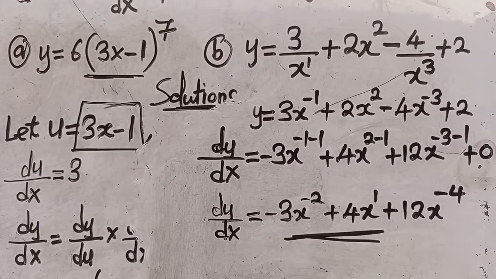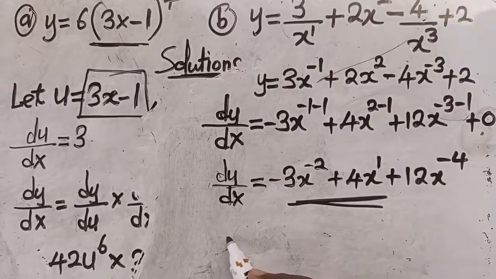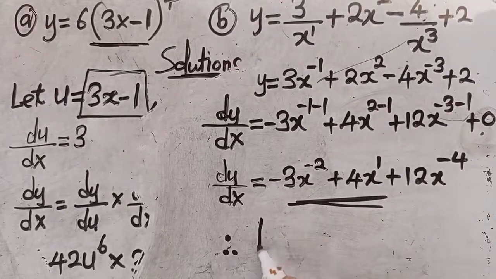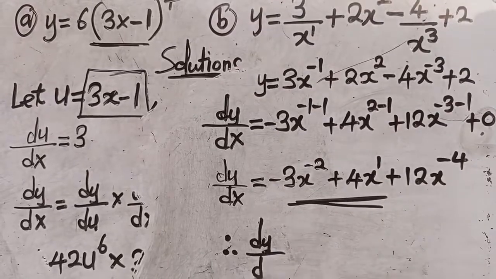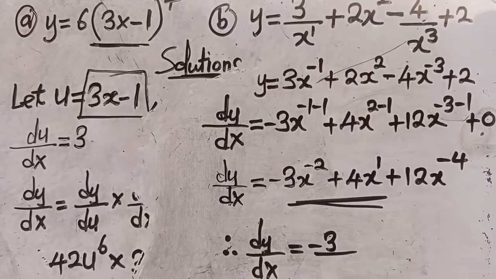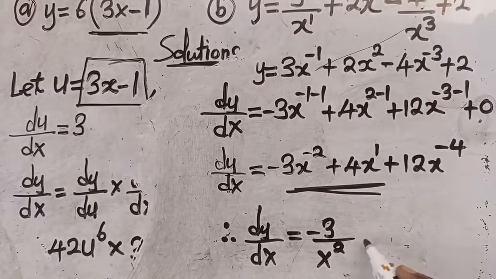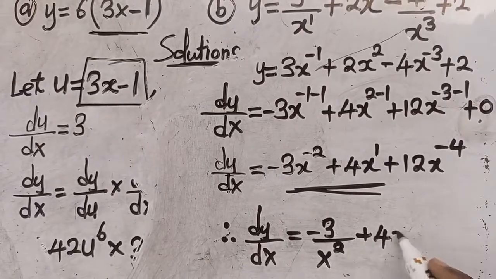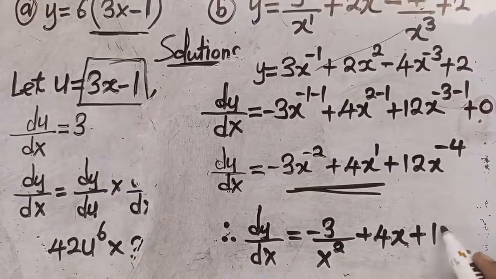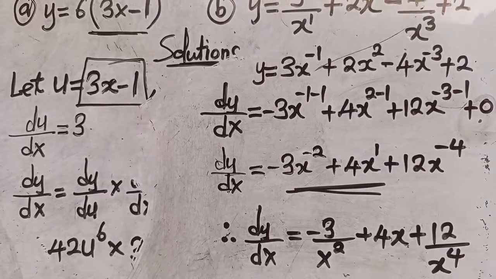But if you know what you are doing, it's better you conclude and say, therefore, dy/dx is equal to negative 3, that x goes down there so that it becomes x squared, plus 4x plus 12 over x to the power what? 4.